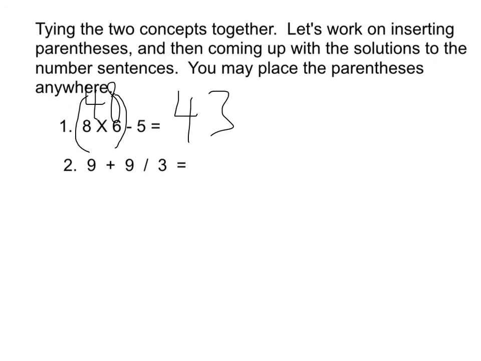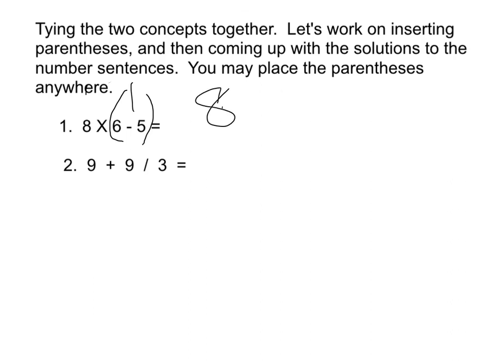So there's one possible answer. Let's erase that and see where the other spot was where we could have had the parentheses. You could have also put them around 6 minus 5, which would give us 1. Reading the problem then from left to right, we get 8 times 1 equals 8.